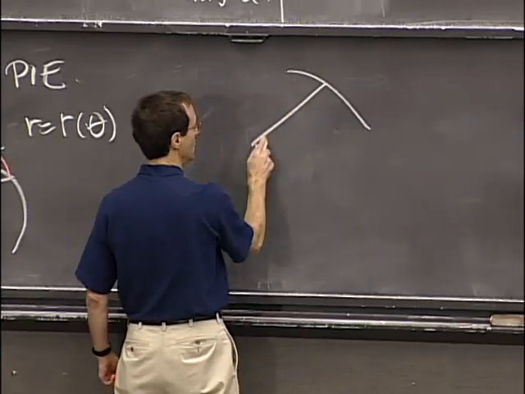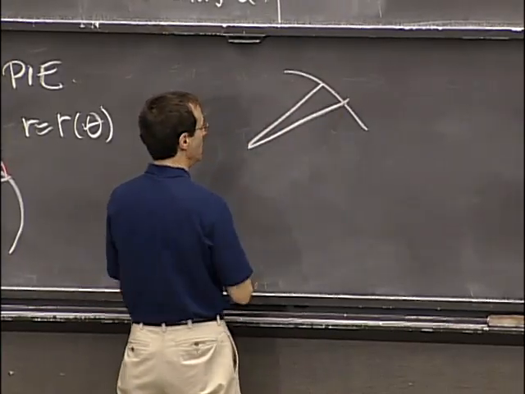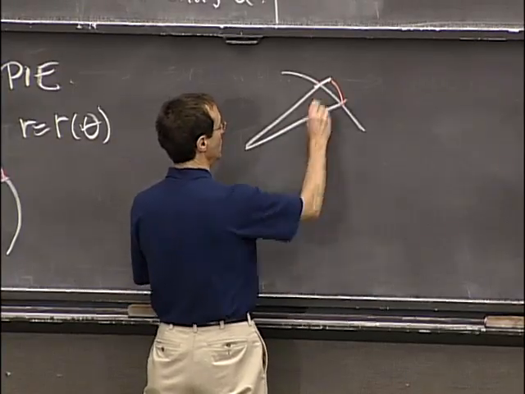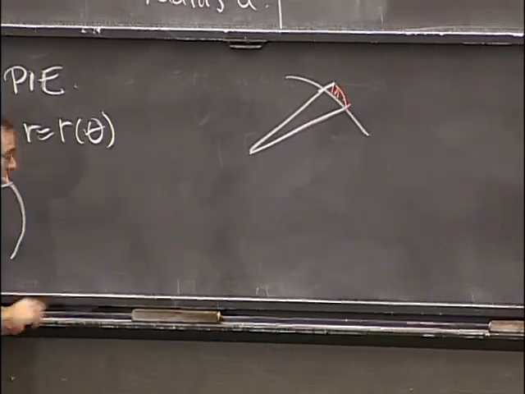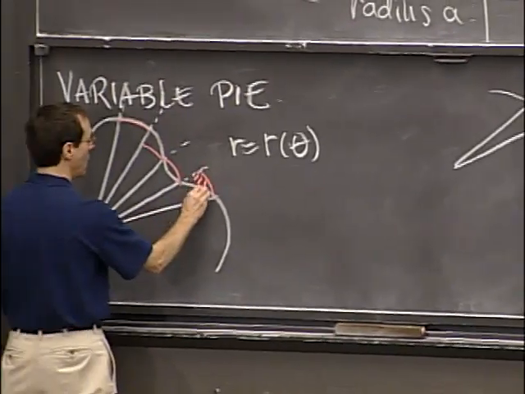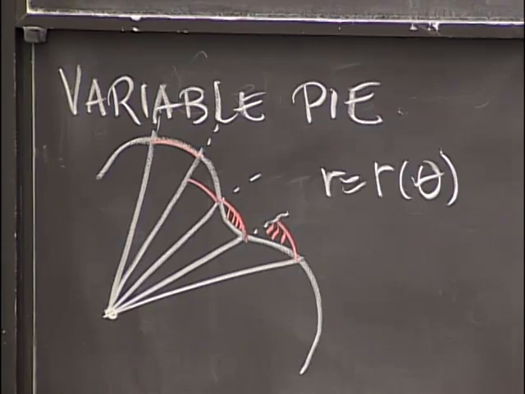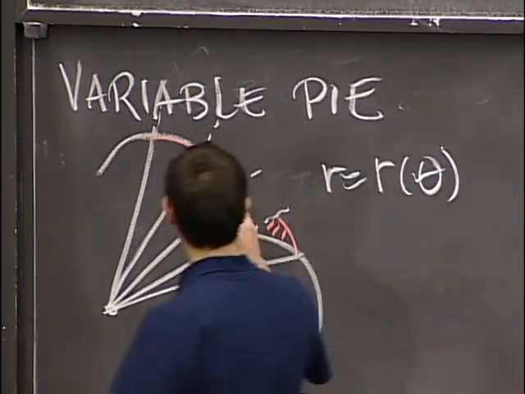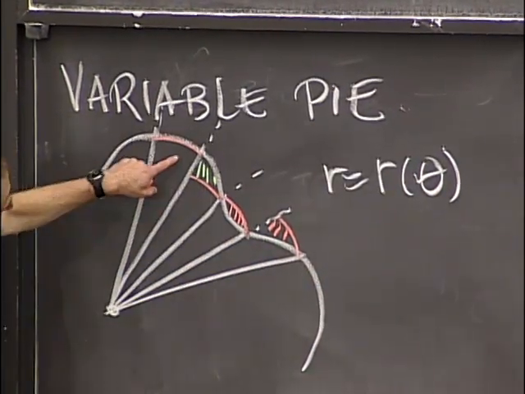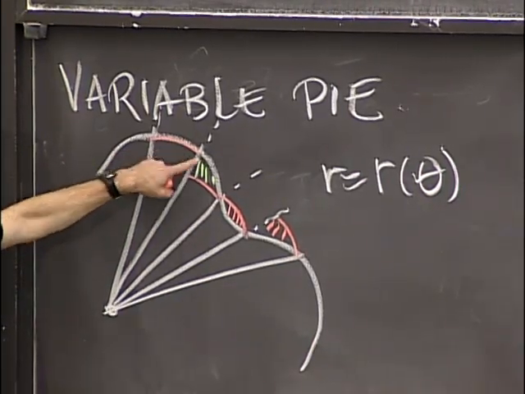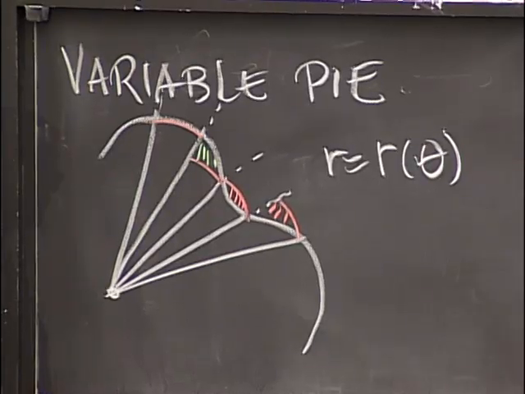I have some sector, and then I have some circular arc, and maybe it takes a little extra. There's a little extra area. I'm making an error in the area. And maybe to draw it the other way, I'm a little short on this one. And let's say on this one, I'm right on the nose. I have the same arc as the curve of the surface.